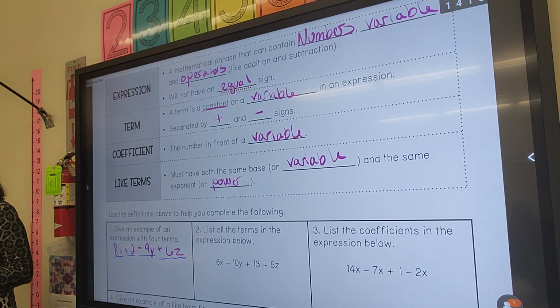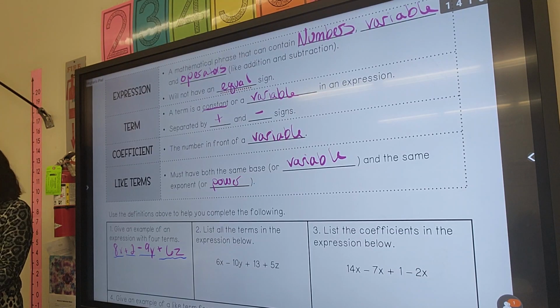Can anybody think of an expression with two terms that we can write? Logan, what do you think? With two terms? Anything with a variable or just a number. It can just be one number by itself, that's a term, and it has to be two of those.